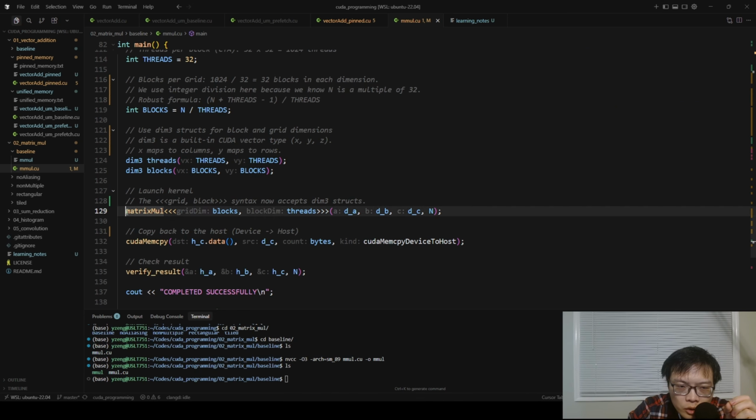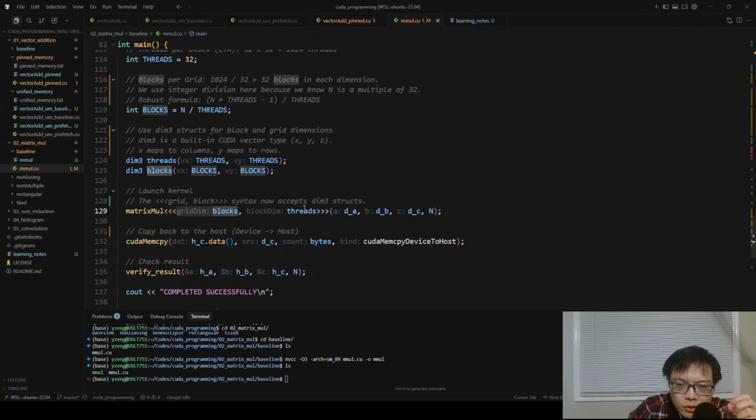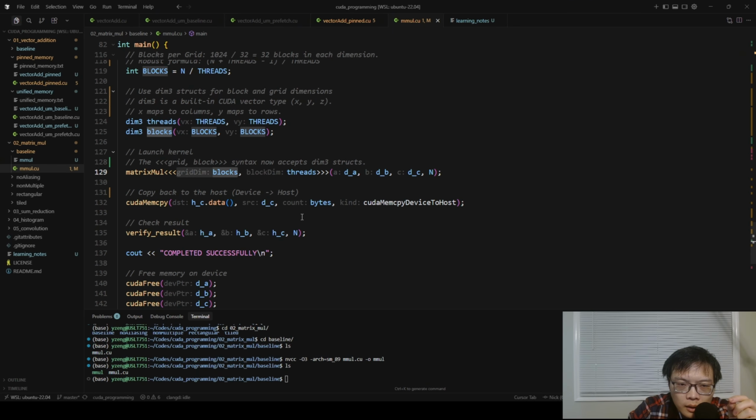Then we launch the matrix multiplication kernel, passing the blocks and threads. The cudaMemcpy, similar to before, acts as the global synchronization. And finally, we have to verify our results.